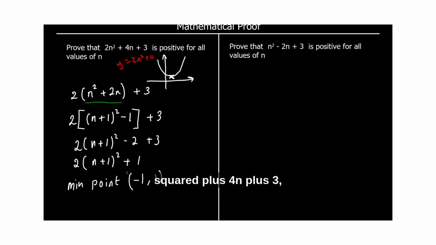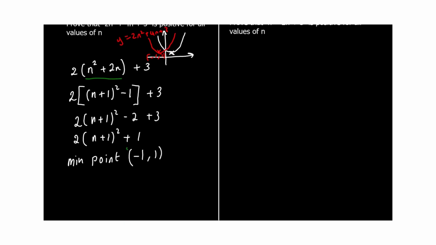So on the graph of y equals 2n squared plus 4n plus 3, the minimum point is, well, it'll just be on this side, at negative 1, 1. So the minimum point is at negative 1, 1.